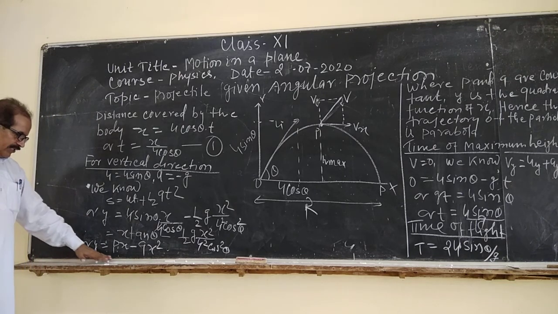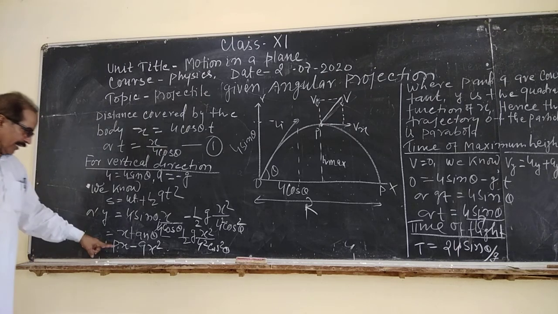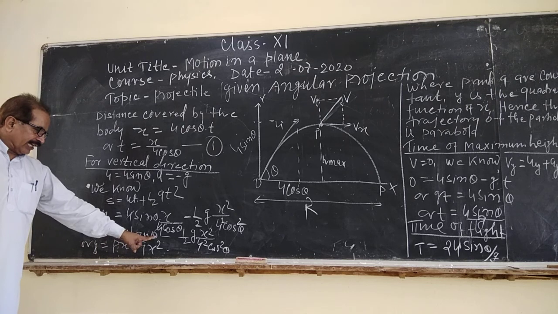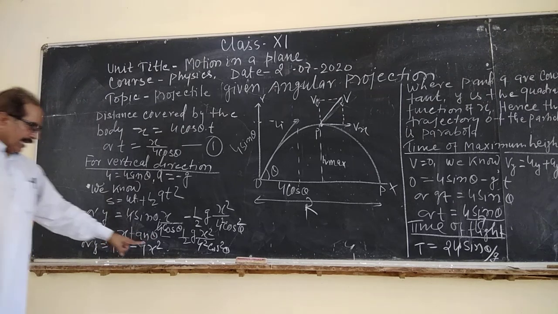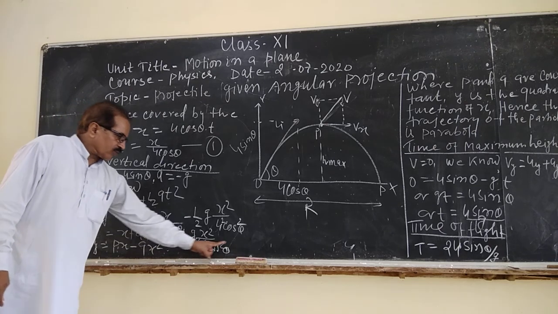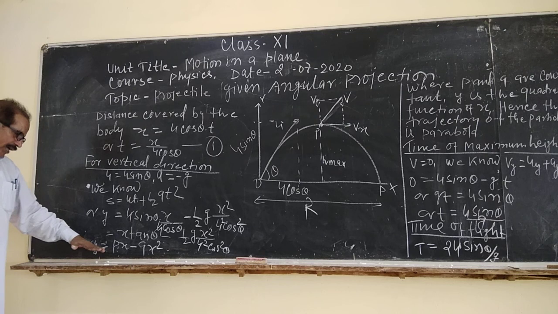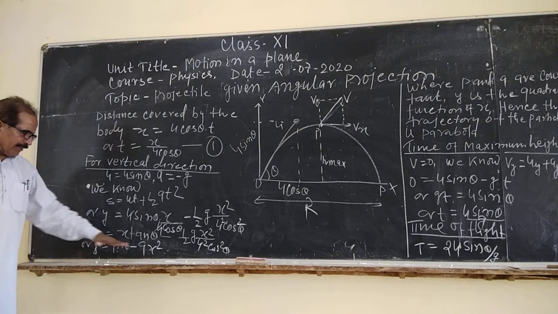So y is equal to px minus qx square, where p is basically tan theta, a constant quantity, and q is g upon 2 u square cos square theta. So finally we get y is equal to px minus qx square.